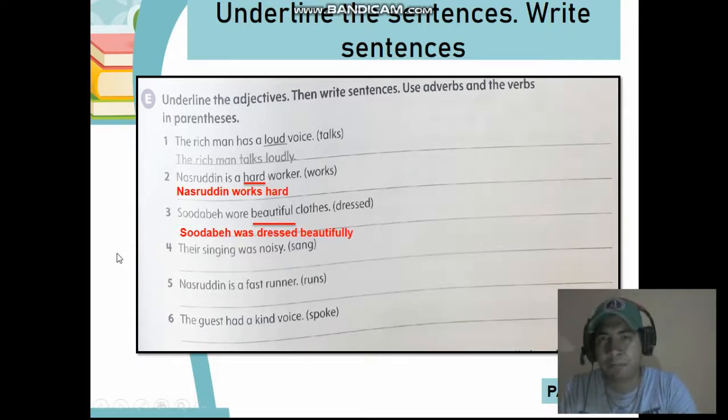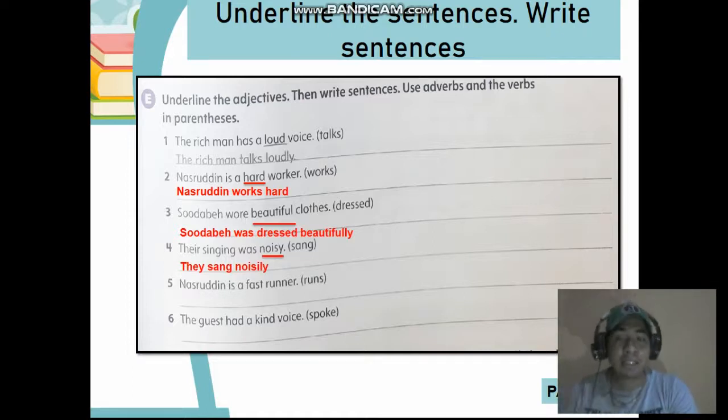Number 4. Their singing was noisy. Yes, noisy is the adjective. Very good. And this is the sentence. They sang noisily. Noisily, with a lot of noise. Very good.